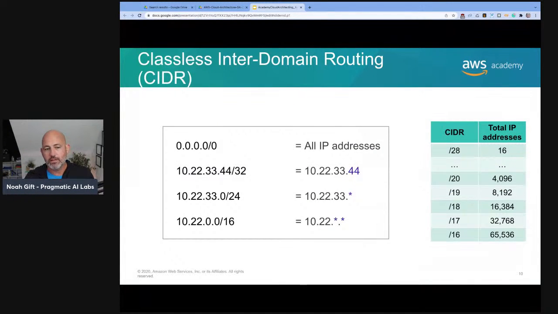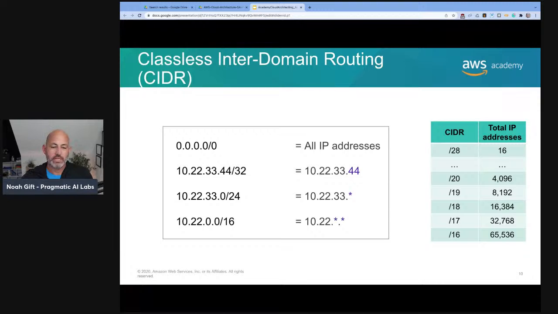So in particular, a CIDR is something to be aware of. A CIDR is something that comes up all the time when you're creating a security group. It means essentially who can access it from an IP routing perspective. So if it's 0.0.0.0/0, that means anybody in the world can access your resource.